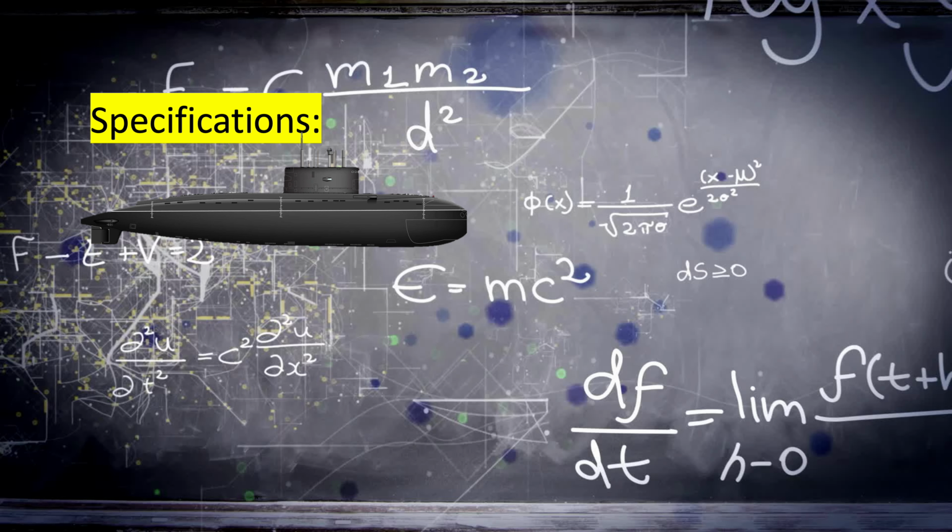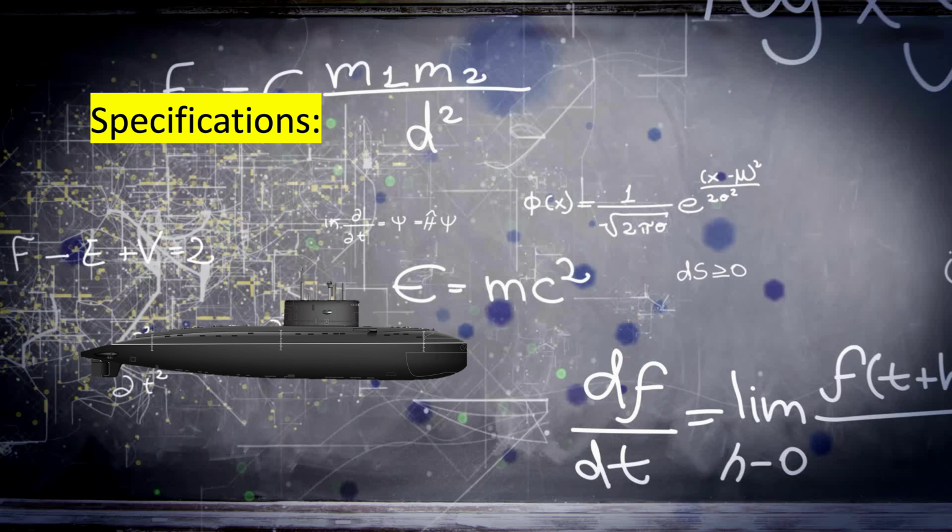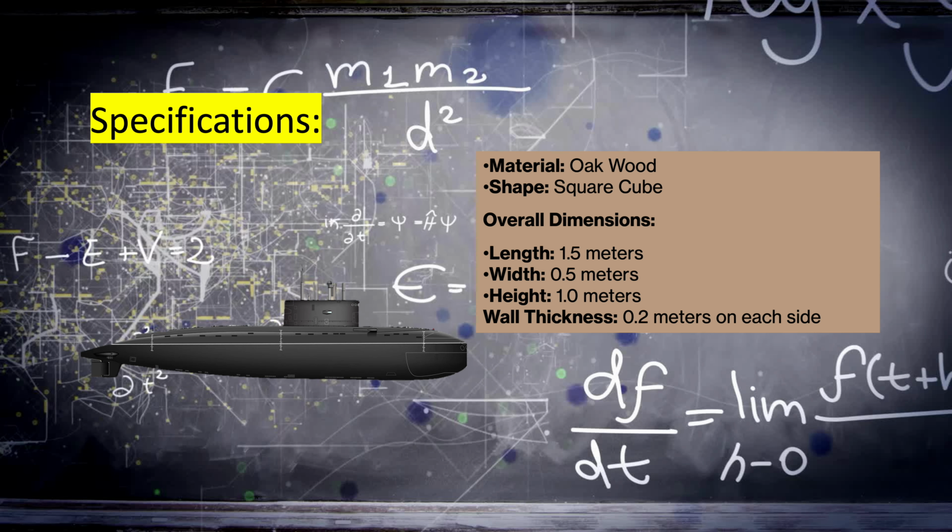So first, we need to have our specifications. We need to understand the material, we need to understand the dimensions, and so on. First, we will assume that our hypothetical submarine is made of a cubic, square structure and shape, and its structure is made of oak wood.